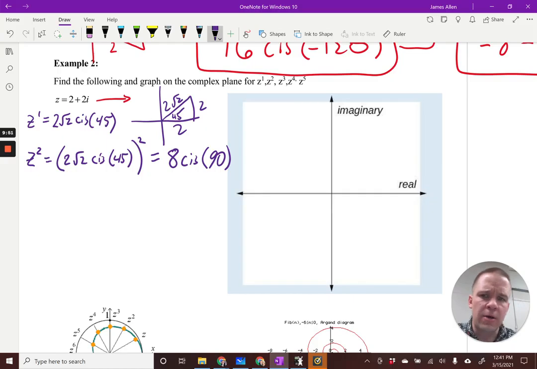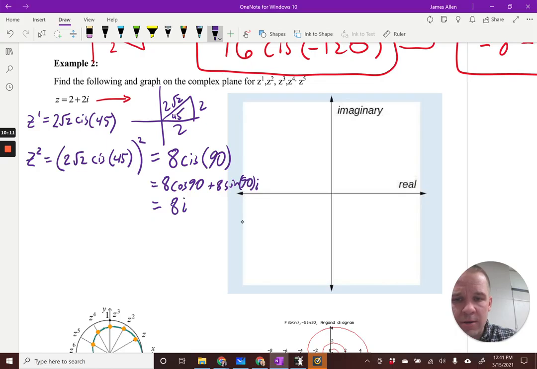And I know, let's see here, I'm going to evaluate this. This would be 8 cosine of 90 plus 8 sine of 90 i. Cosine of 90 is just 0, right? And then sine of 90 is 1, so we get 8i. Okay, cool. So that's z squared.